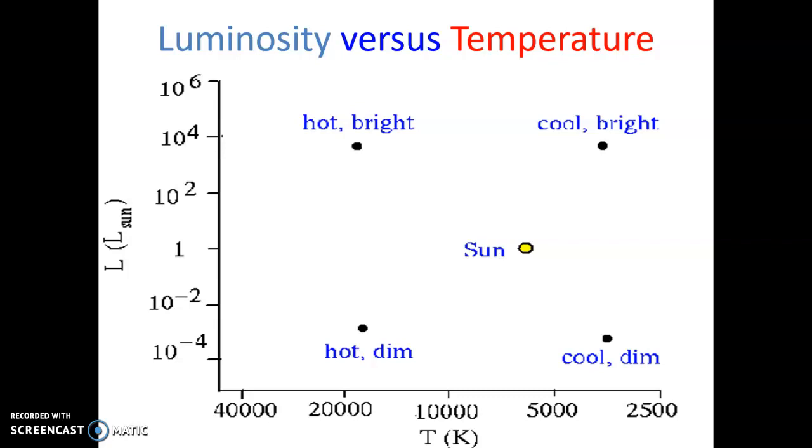Luminosity versus temperature. Yes. The Hertzsprung-Russell diagram reminds you that just because it's hotter doesn't mean it's brighter. You could have a hot white dwarf that's not as bright as Betelgeuse, a cooler star, but much bigger. Because remember, radius squared times temperature to the fourth is what makes it luminous.